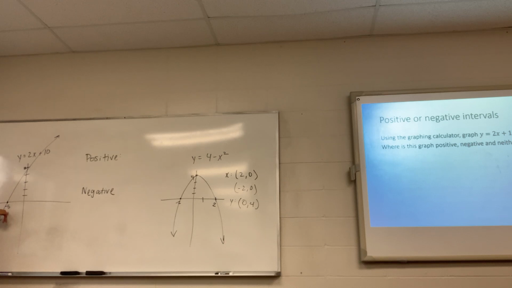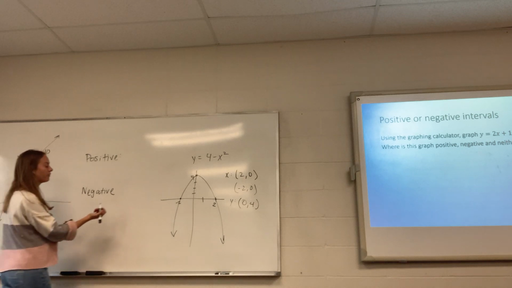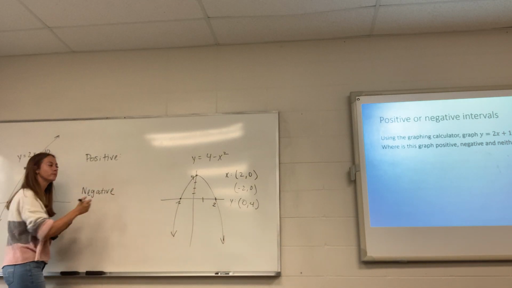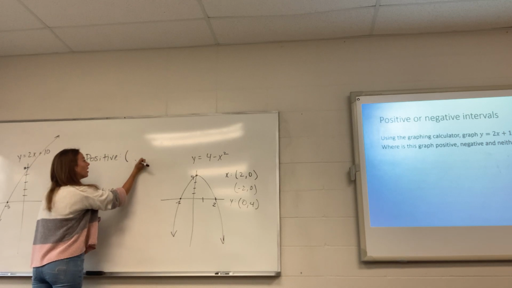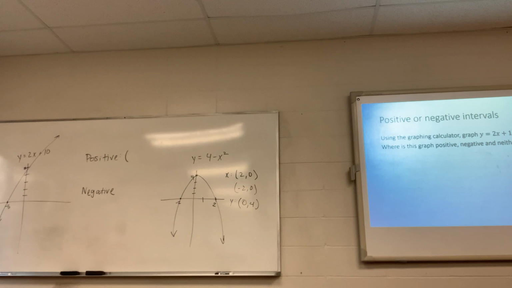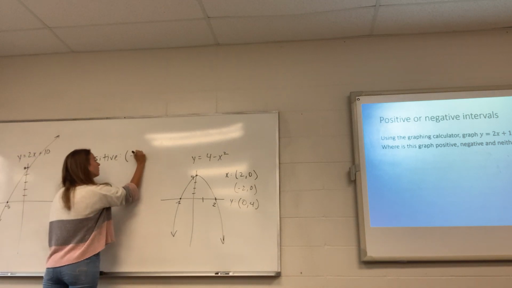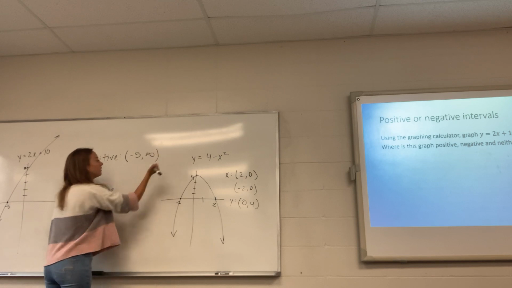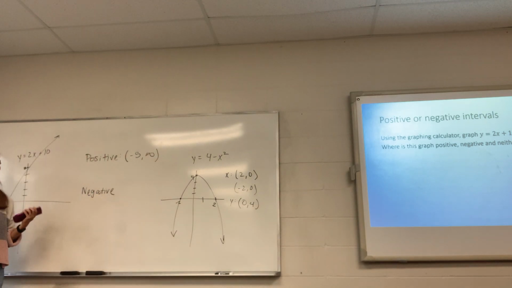So what's my number right there? And then how high could I go? Yeah, exactly. So how would I write it? Other way around. I always think about it like I read left to right, so I want to go left to right. So I'd go -5 to infinity. And I want to use parentheses for both, because I always use parentheses for positive and negative.